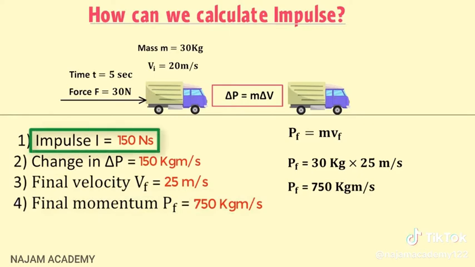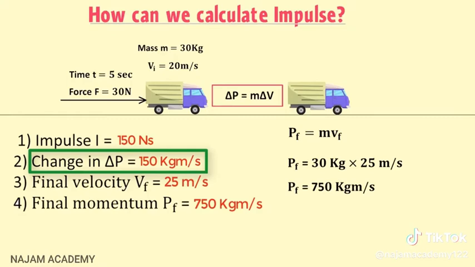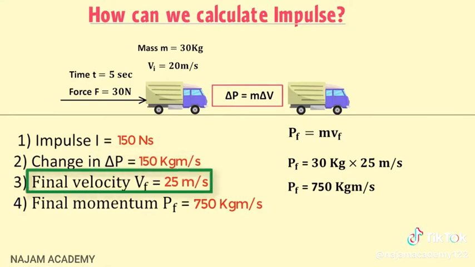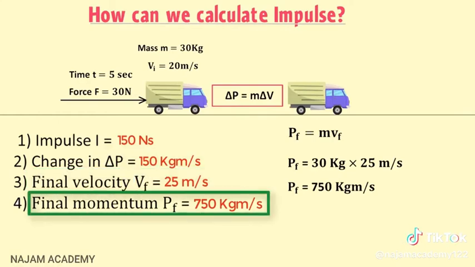Thus, we calculated the impulse on the object, and that is 150 Newton second. The change in momentum of the object, and that is also 150 kg meter per second. The final velocity of the object, and that is 25 meter per second. And the final momentum of the object, and that is 750 kg meter per second.